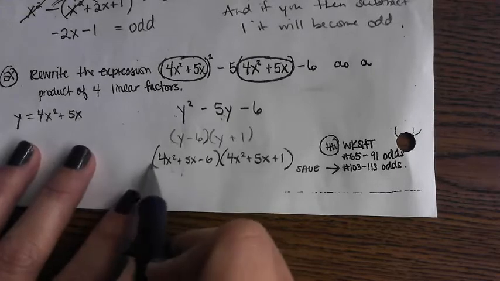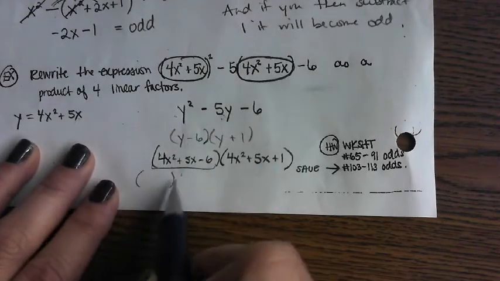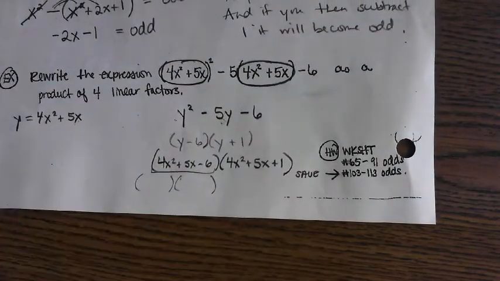So start on your own with the first one. Guess and check or split the middle term, whatever you've got to do to figure out what you want that to factor into. And then I'll call on someone in a minute.